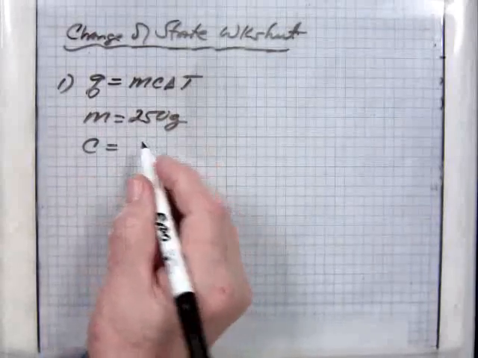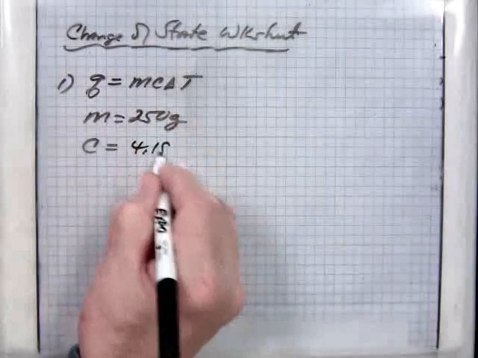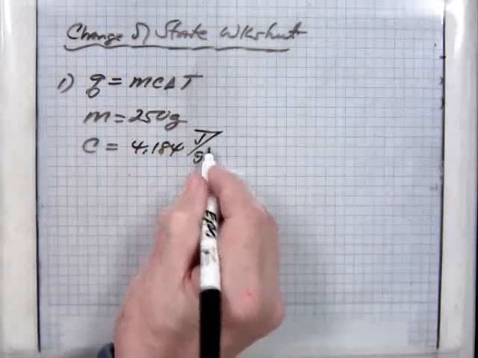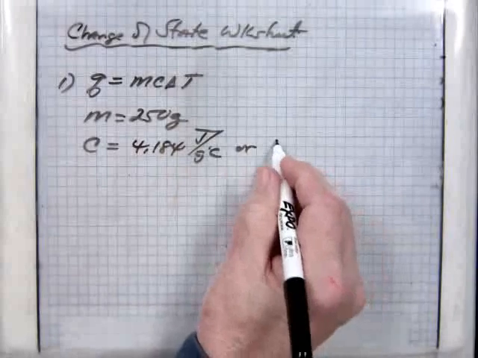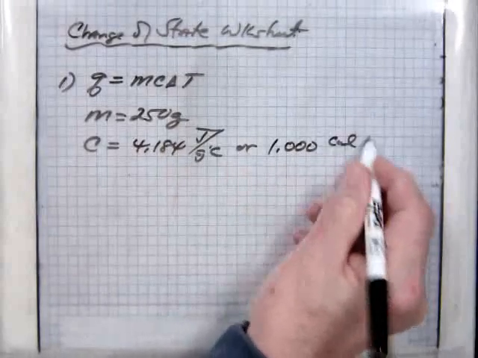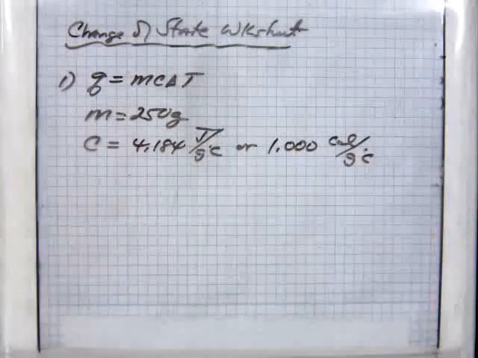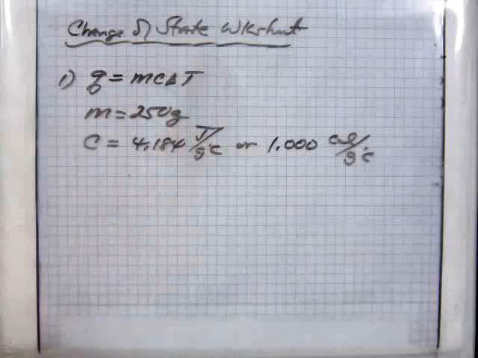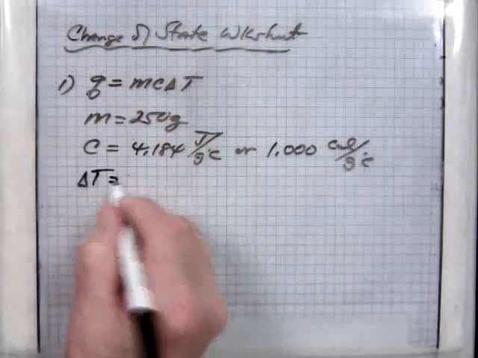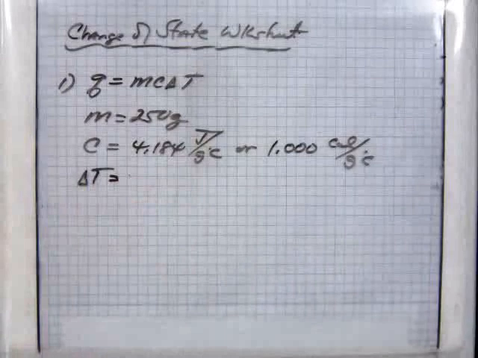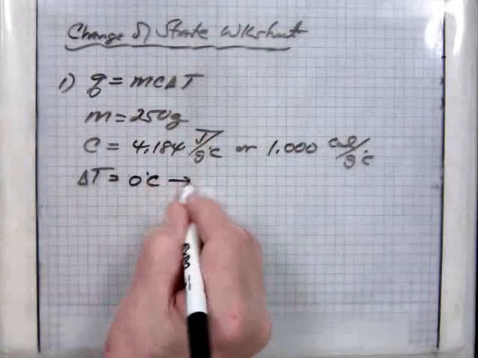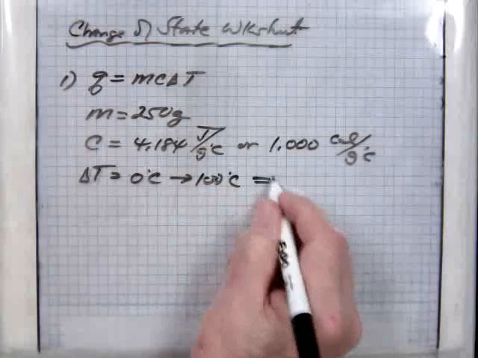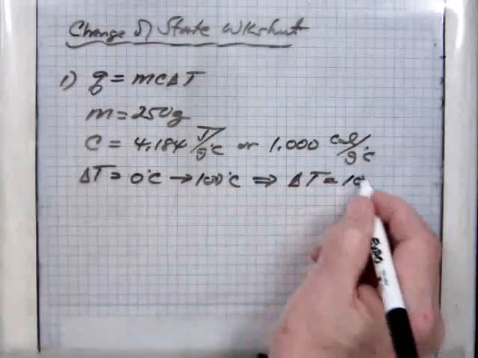In joules it's 4.184 joules per gram degree C, or in calories it's 1.000 calories per gram degree C, and you can convert back and forth as you wish. I think the data they give you at the top is in joules per gram degree C, but it really doesn't matter in most cases. It depends on the problem they're asking. Delta T is a transition from 0 degrees C to 100 degrees C, so delta T equals 100 degrees C.